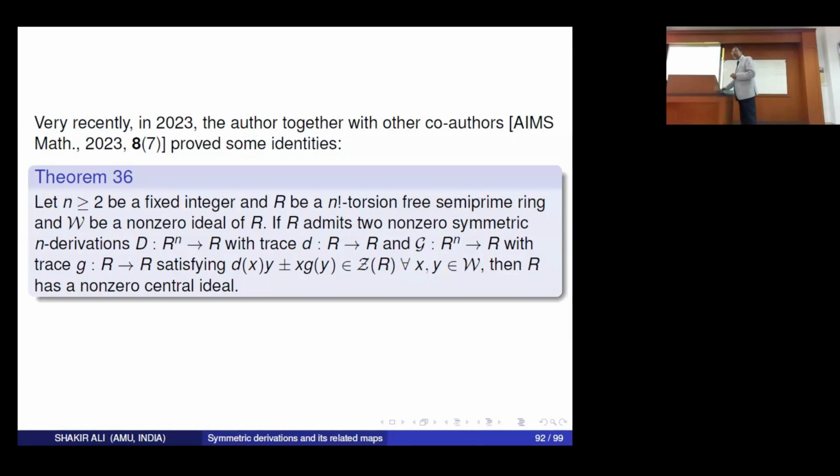The motivation behind this result is a very classical result by Bresar and Martindale, published in 1993 in the Journal of Algebra.